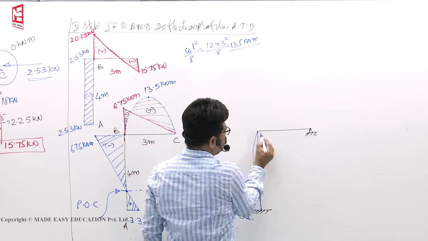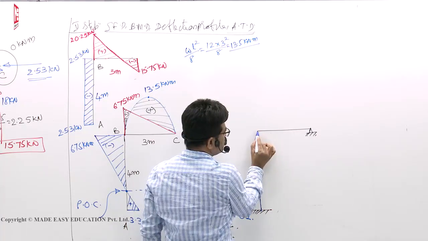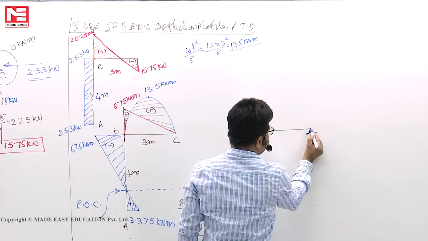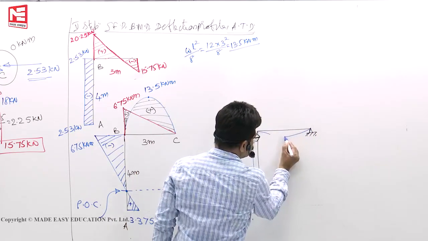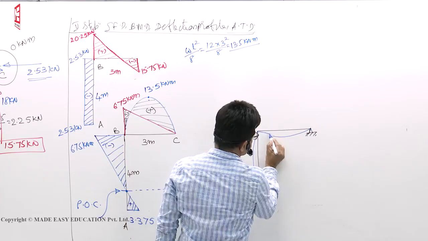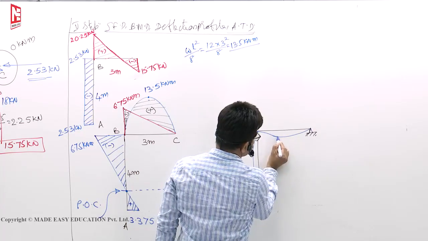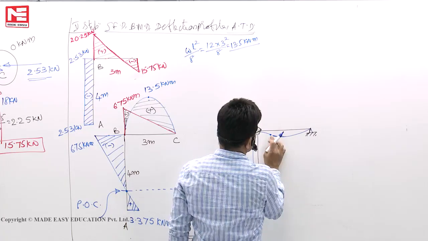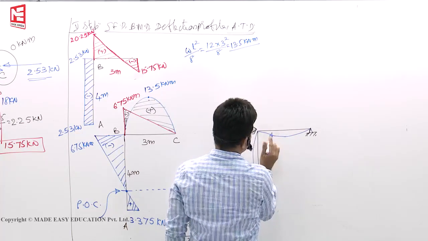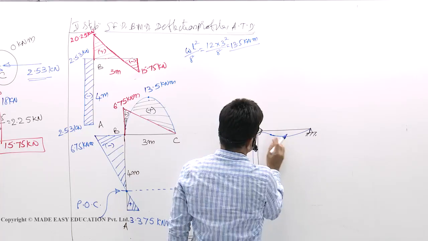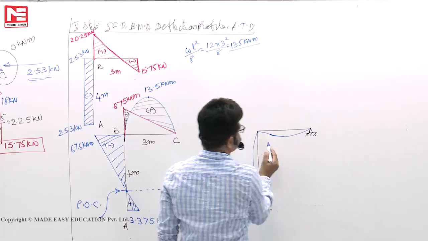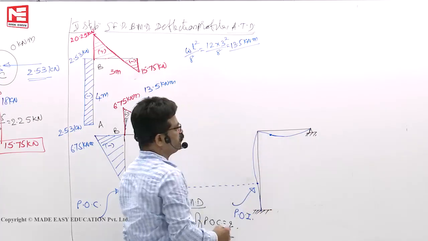Hogging means I must show it like this. It's hogging, a 90-degree angle should be maintained, then it should sag this way. It must be a smooth curve. This is one point of inflection.